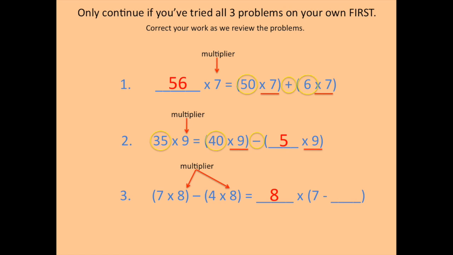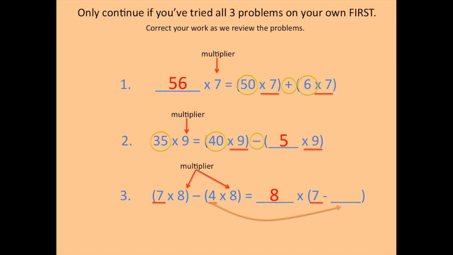It goes in the blank outside of the parentheses because it will be distributed to both terms, the 2 terms inside of the parentheses. Now I can see that the 8 was distributed to the 7, but I have to fill in the blank with the other term the 8 was distributed to. We can see here that the 8 was also distributed to a 4.